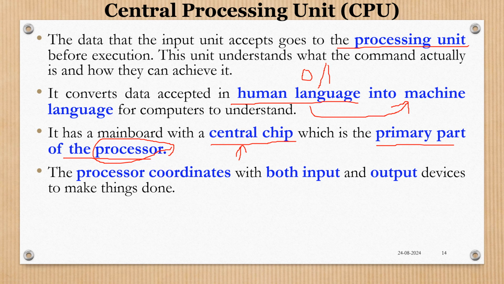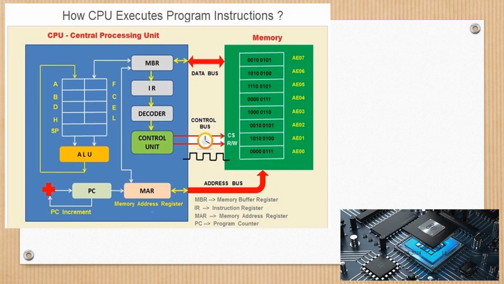So data and instructions are delivered to the processor, and the processor coordinates with both input and output, because sometimes the user enters the instructions and the data as well. So the processor communicates with the input devices and displays the result to the output devices. This is basically a flow diagram of the CPU.